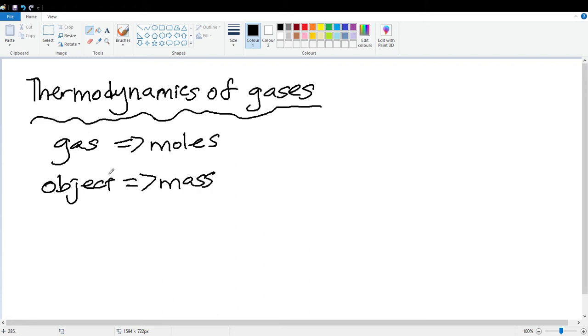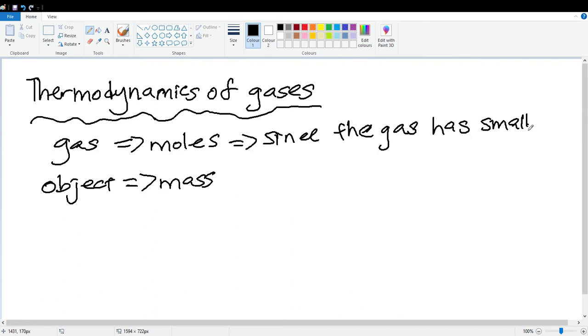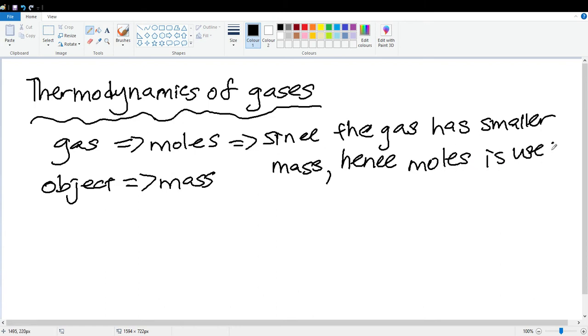Since gas has a smaller mass, the mole is used to represent mass.